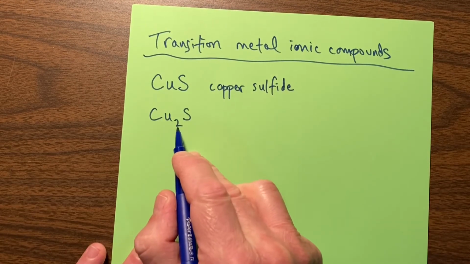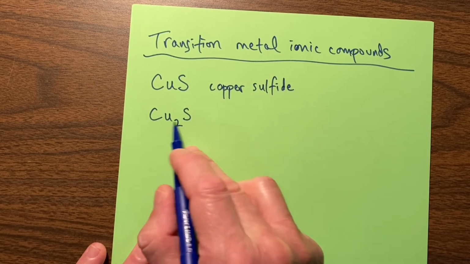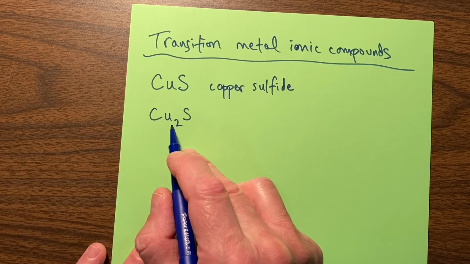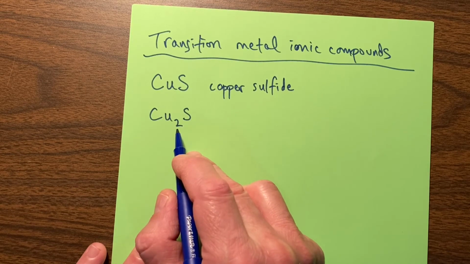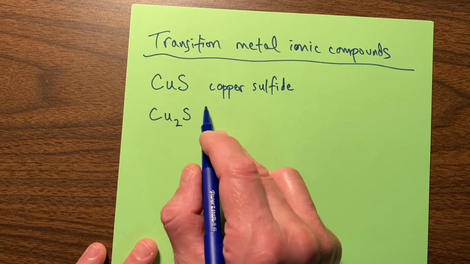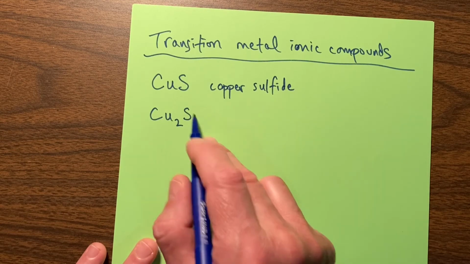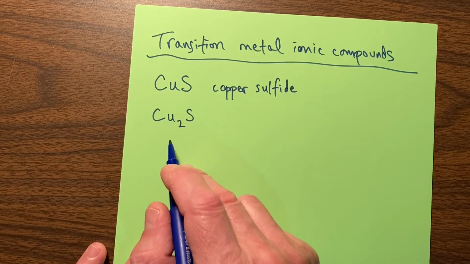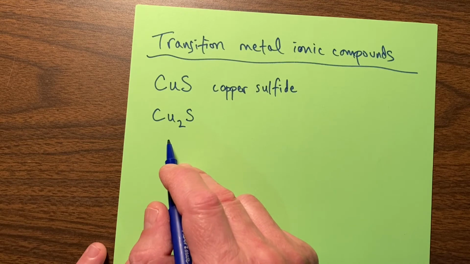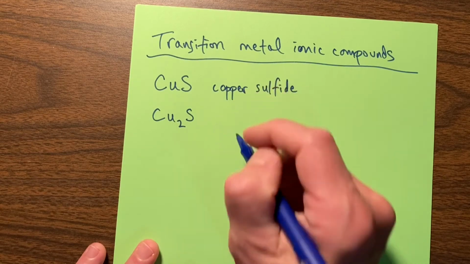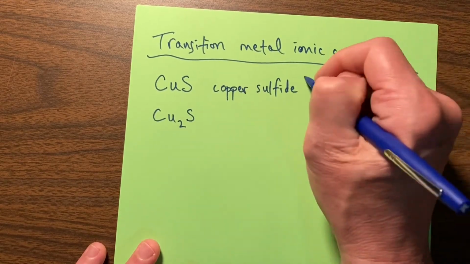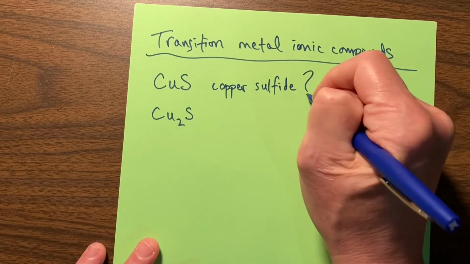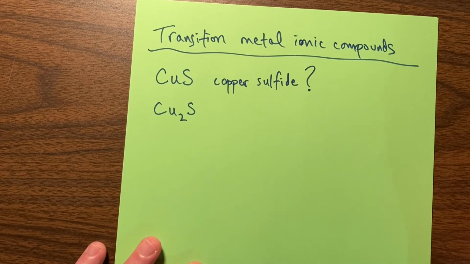That's also a binary ionic compound, because it contains just two different elements, but it's clearly different. So we can't call that copper sulfide too. Each compound has a unique name that no other compound has. So we have to add something to the name of these to clarify that. So what do you use? You use Roman numerals.